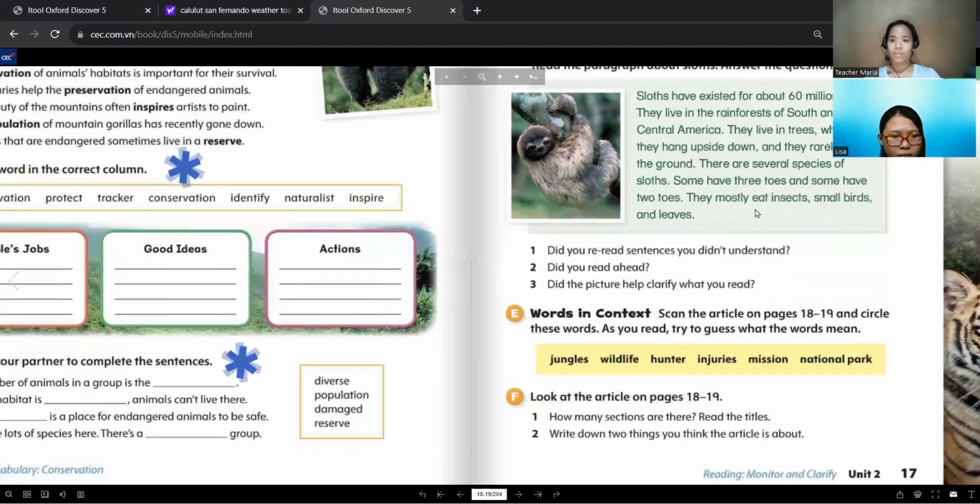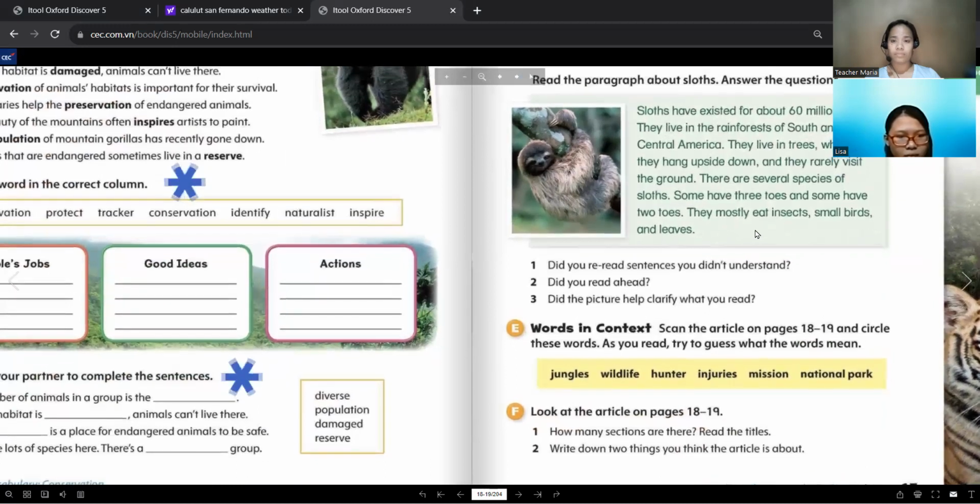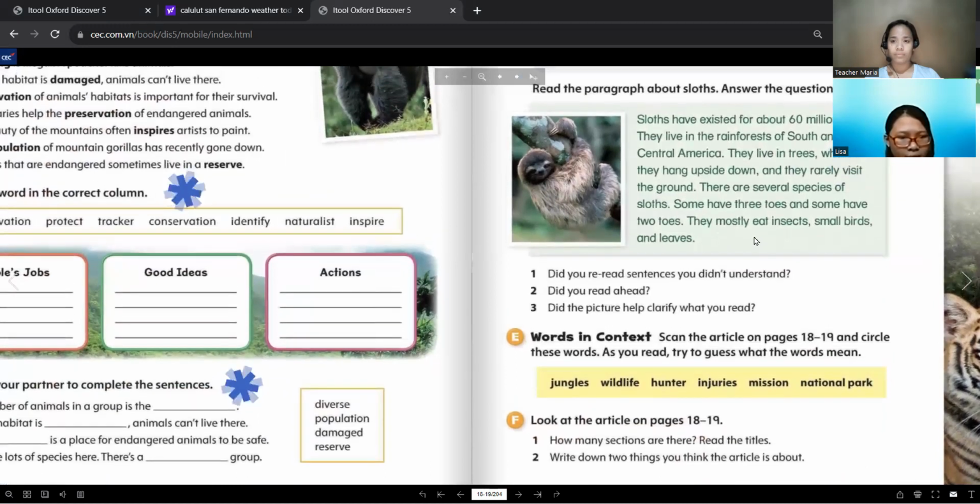Okay. Do you understand what you've read? Yes. Where do sloths live? They live in trees. Okay, very good. What do they eat? They eat insects, moss, and leaves.